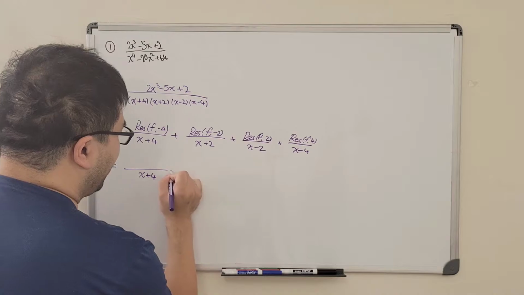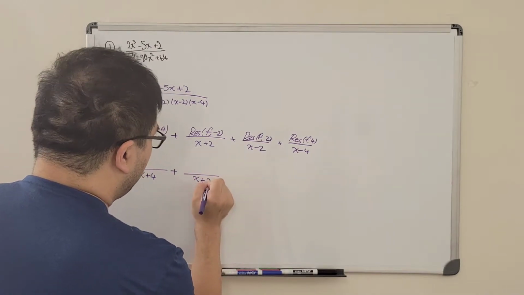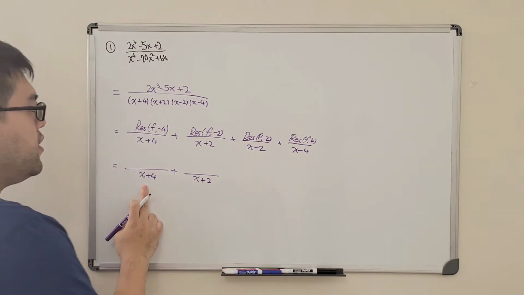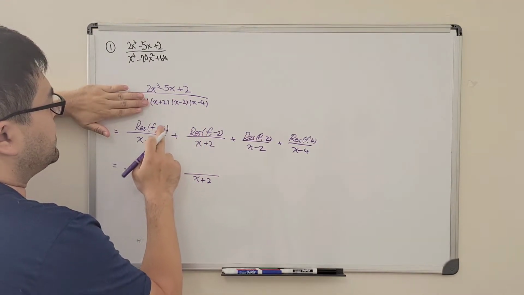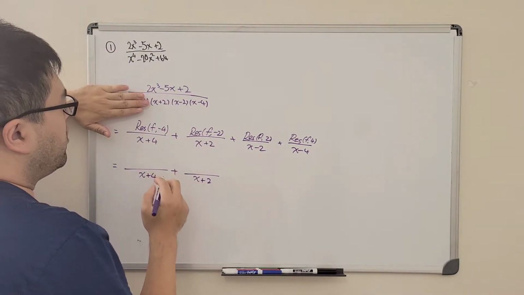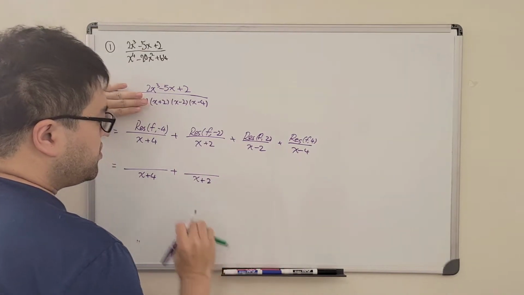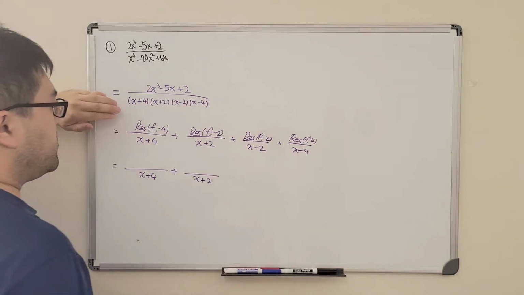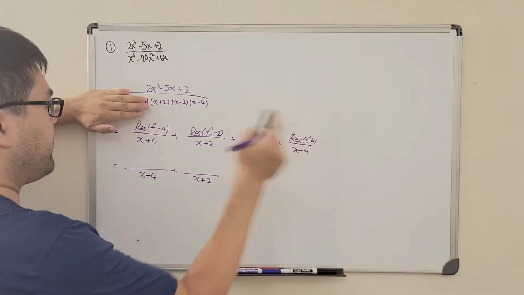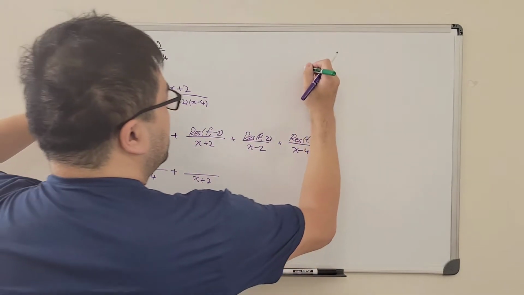So this implies that for the x plus 4 term, we are going to cover the x plus 4 in the denominator and then replace all the x's by negative 4. So I'm going to do the scratch work on the right hand side on top so that once we get the value, we can put it back in. Great.